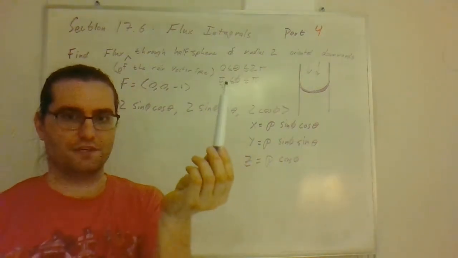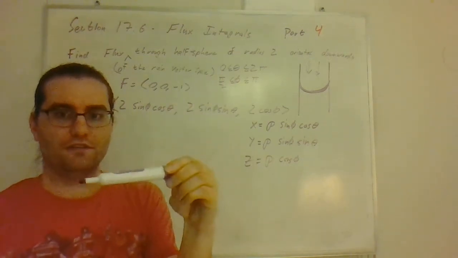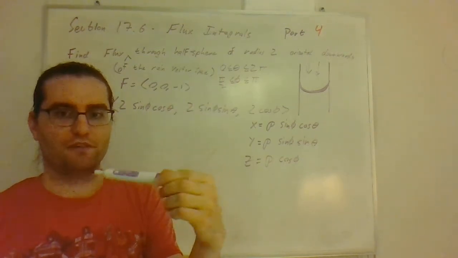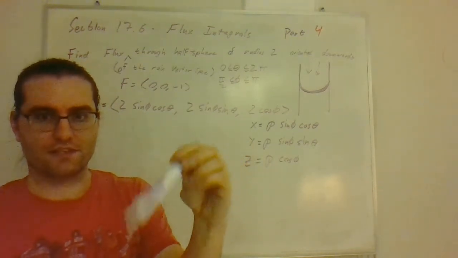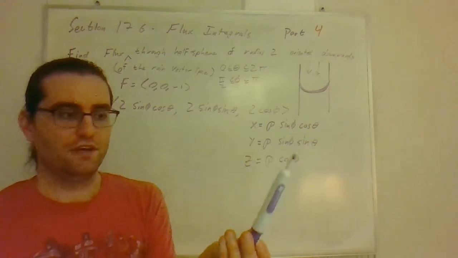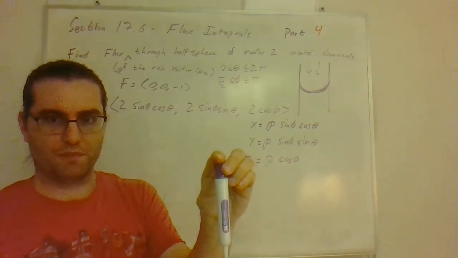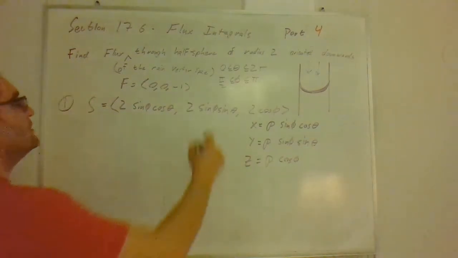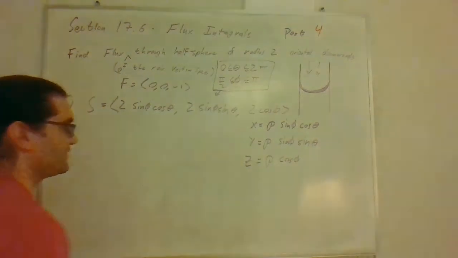Phi only does half rotations. Phi equals 0 is straight up, phi equals 90 degrees or pi over 2 is straight horizontal, and phi equals pi is straight down. And that's the full range of motion on phi. So if we want the bottom half of the sphere, we're going from pi over 2 to pi. So this is our half sphere.